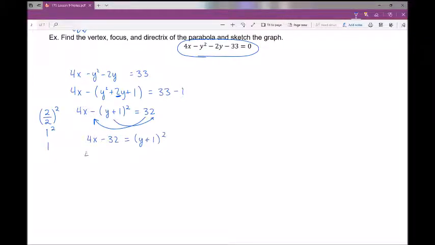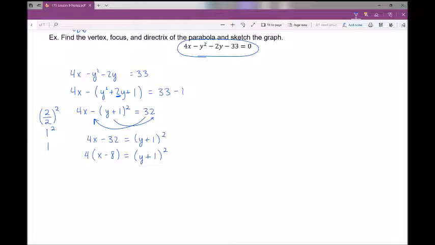And if we factor out the 4, we get 4 times x minus 8 is equal to y plus 1 squared. Okay, so that is the equation of our parabola in standard form.